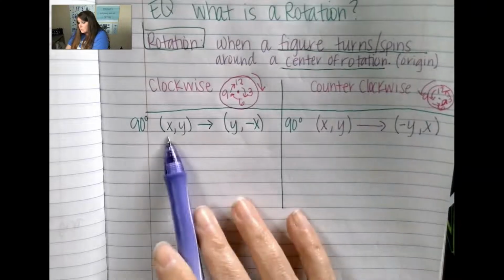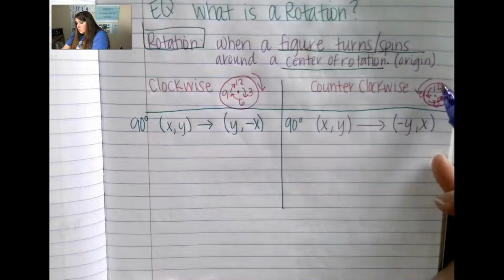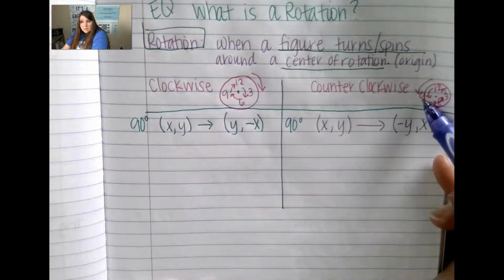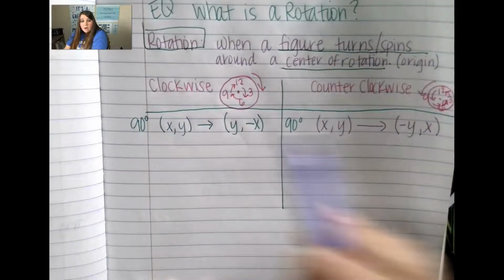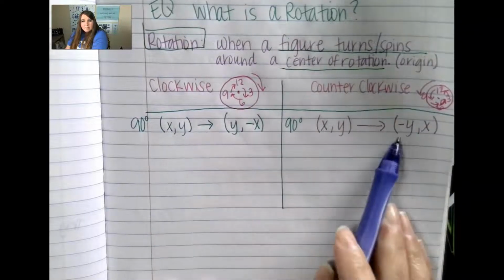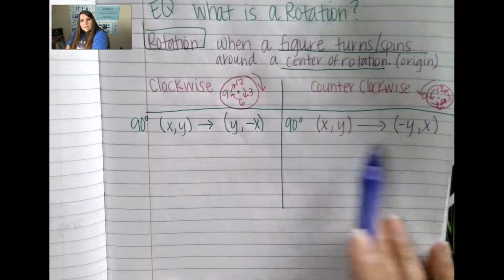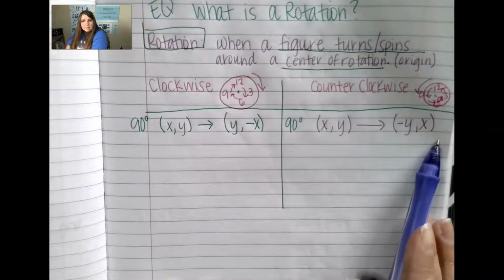In this clock, you're going from 12 to 3. In this one, you're actually going from 12 to 9. So you're the opposite of the 3. They're opposites. 3 is opposite of 9, and 9 is opposite of 3 on a clock. And so that's why you have the points that look like this.